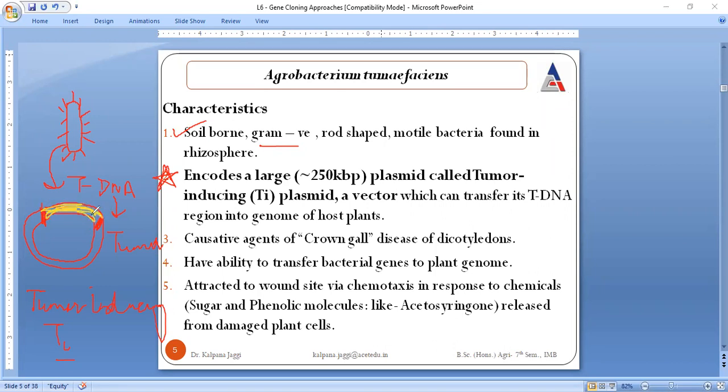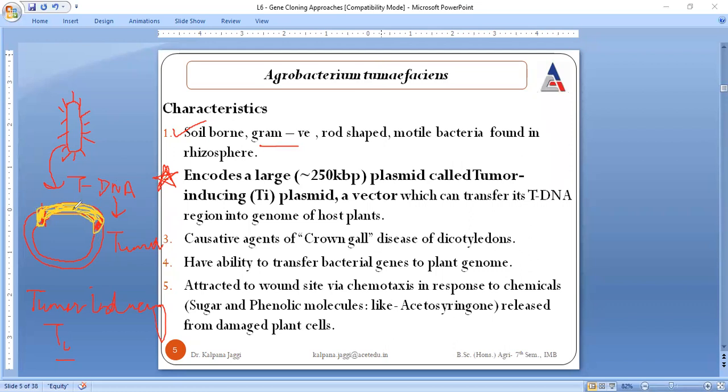Because what we are looking at is the transfer of the gene, and since it is the indirect method, it requires a mediator, and here the mediator is what? The mediator is a bacteria. And what is the very significant feature of the bacteria? That it has a tDNA region that can be transferred into the host plants, right?